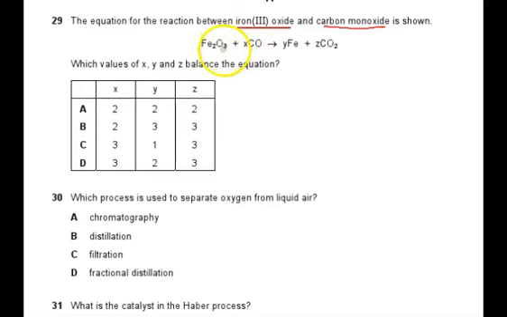When you look at it here, ferrum iron is 2, so we can put 2 here, and oxygen is 4 over here. Here's 3 and here's 1, total is 4, so for Z here we will put 2.